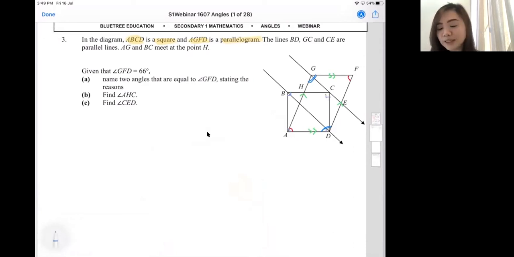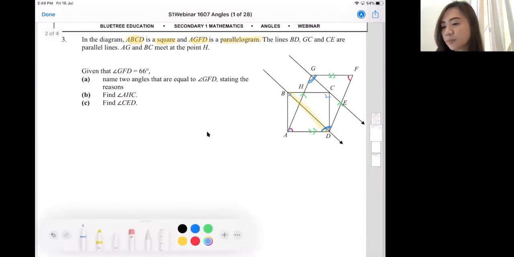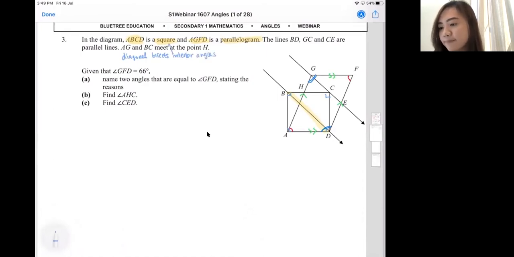Then BD is actually a diagonal. The diagonal will bisect the interior angle in a square.